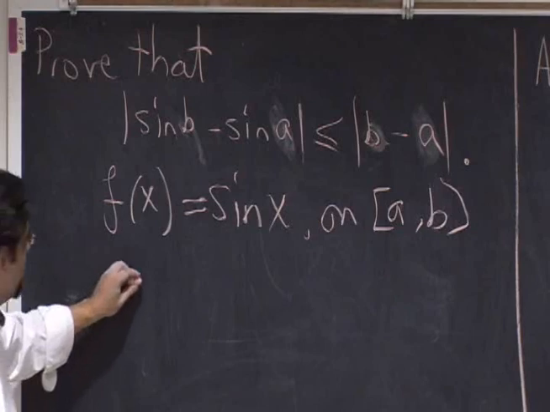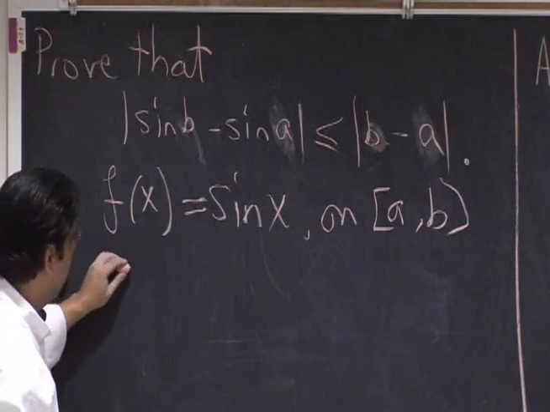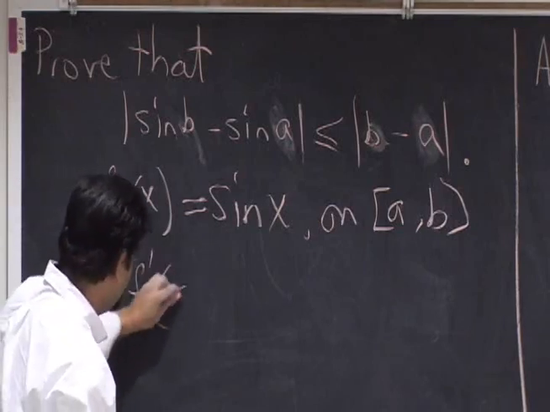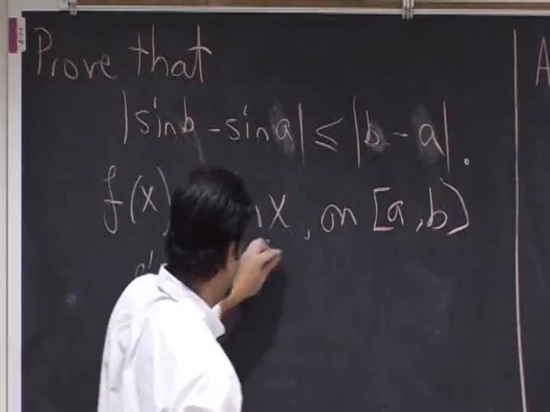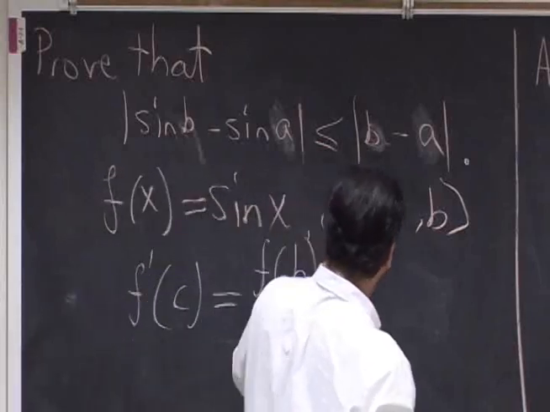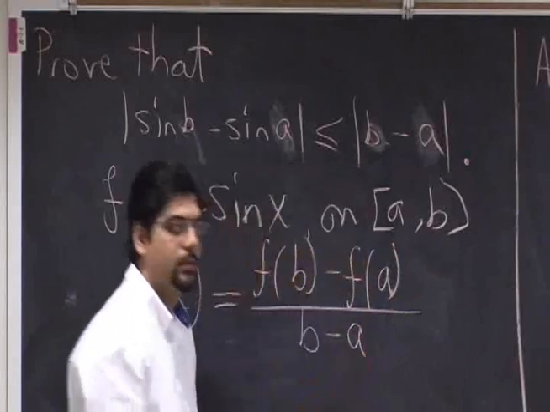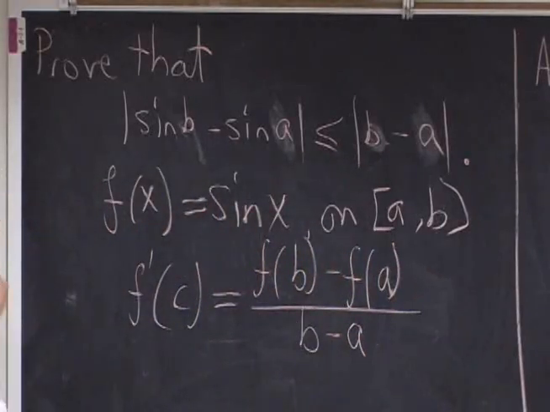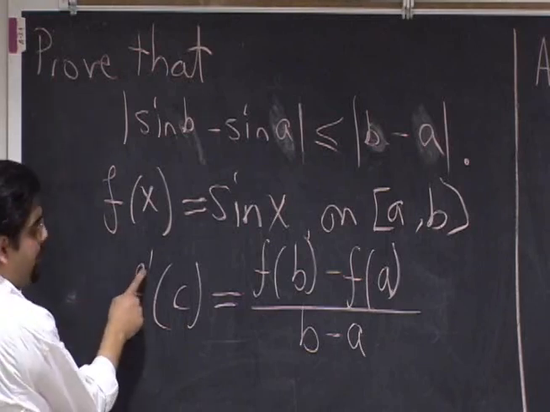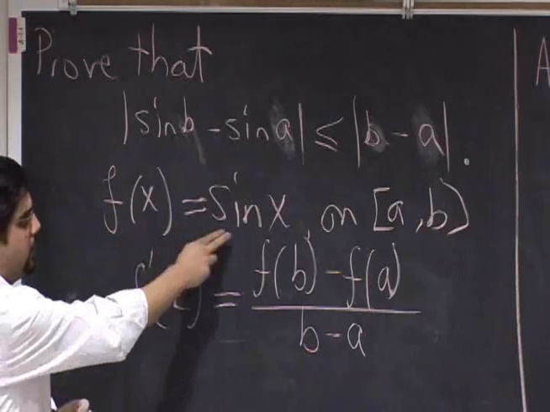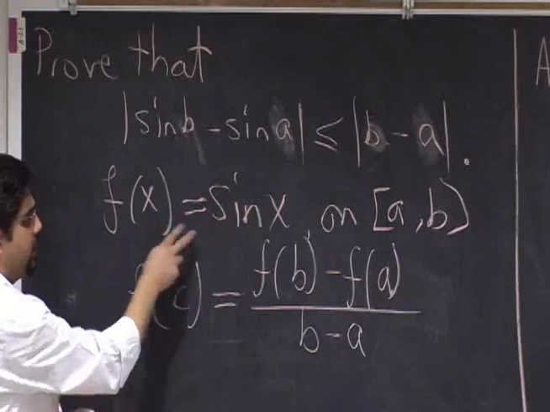It says that f prime of c equals f of b minus f of a over b minus a. Okay. What's f prime of x? Cosine x.